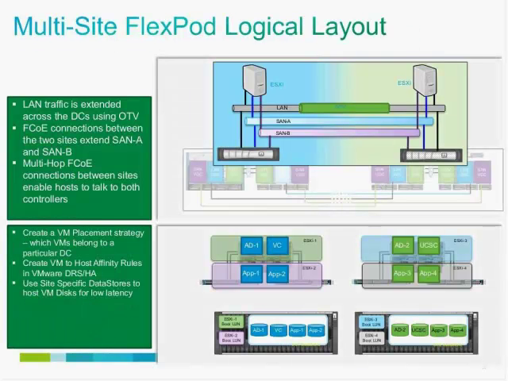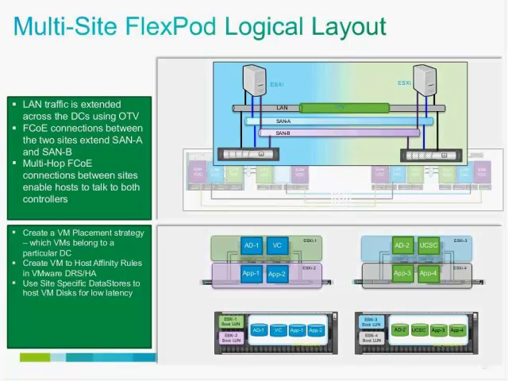So at the end of the day, how does it look? We try to showcase, in the part of the slide which you don't see that clearly, the bottom side, the physical connectivity between the two sites. But when you look at it logically, we are using the connectivity between the 7Ks between the two data centers.